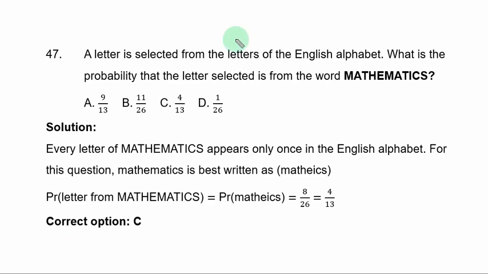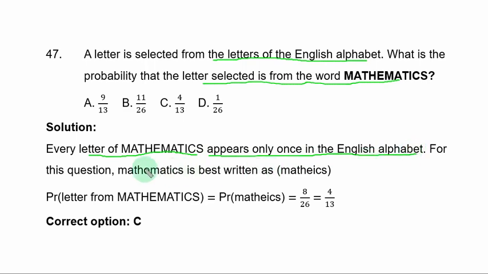Question 47. A letter is selected from the letters of the English alphabet. What is the probability that the letter selected is from the word mathematics? Solution. You must understand that every letter of mathematics appears only once in the English alphabet. You only have one M, you only have one A, and so on.